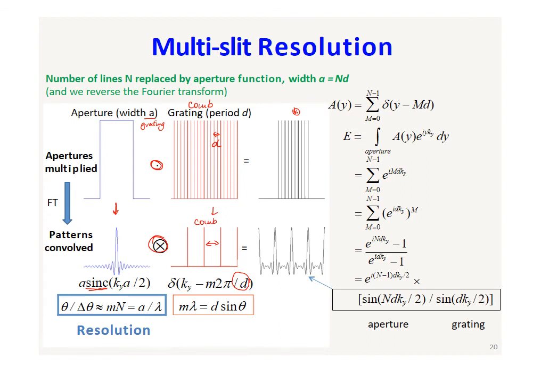When we convolve, what we are doing is we take the sinc function and slide it along, and every time we hit a delta function, we put in a replica of that sinc. So we slide it along another distance and we put in another sinc function. So this is our electric field in the far field here.